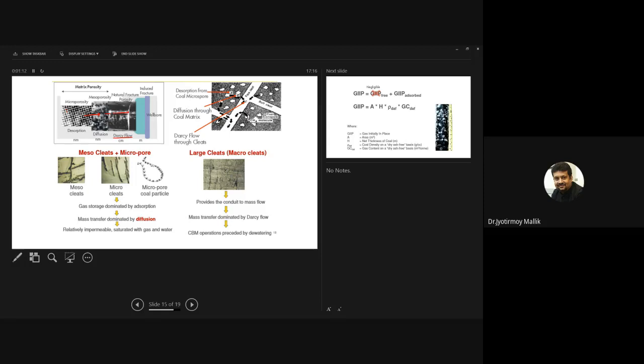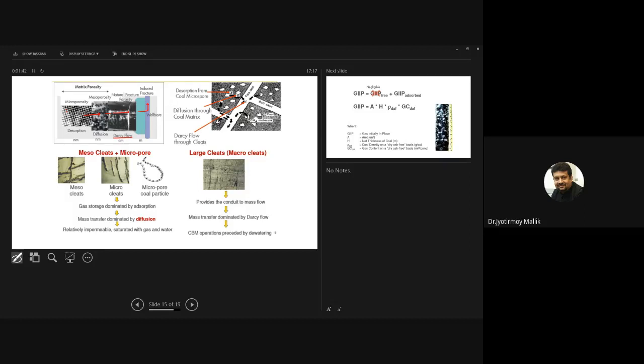within the natural fracture and in the induced fracture, the fractures which we create in the well, the hydrofrac essentially, that is where the hydrocarbon actually moves following Darcy's law. And then it eventually comes out through the well. If you look very closely, you will find that there could be very small scale cleats, which we call microcleats.